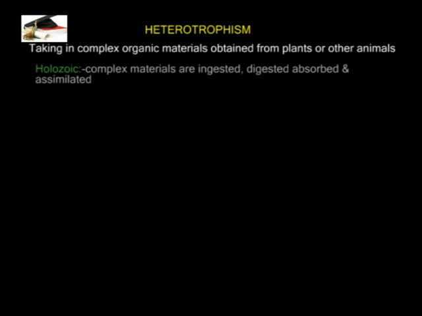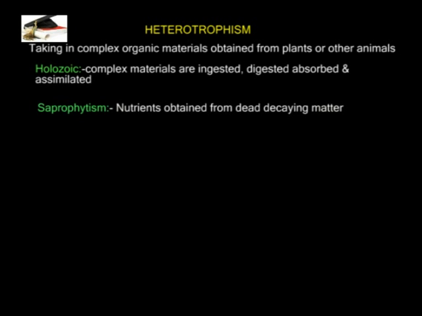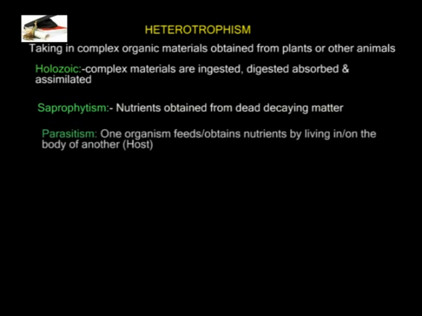1. Holozoic. This is a type of nutrition characteristic of animals where solid complex substances are ingested, digested, and assimilated in the body. Saprophytism. This is a type of nutrition where organisms obtain nutrients from dead organic matter, causing decomposition. Parasitism.